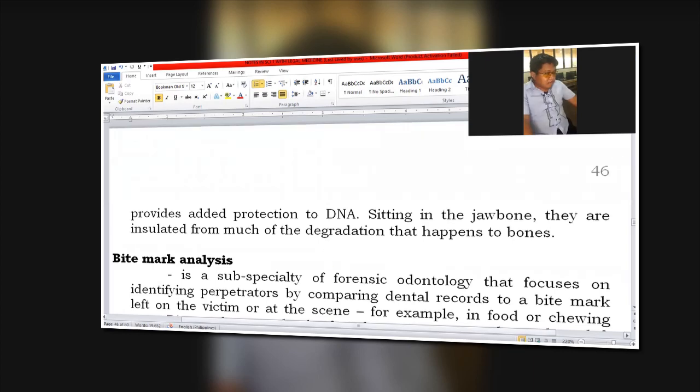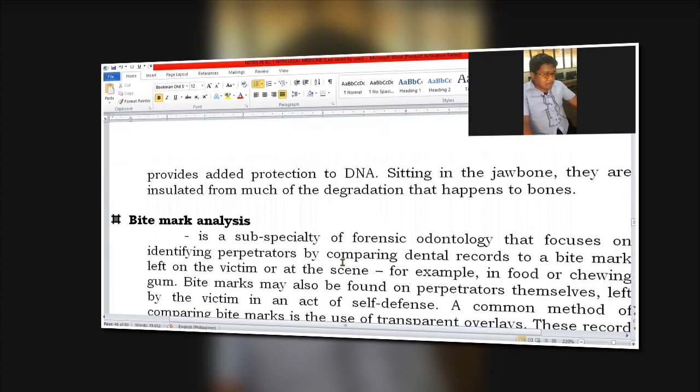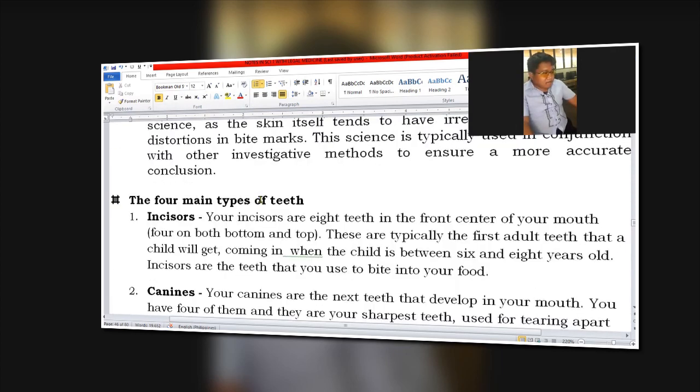Bite mark analysis is a subspecialty of forensic odontology that focuses on identifying perpetrators by comparing dental records to a bite mark left on the victim or at the scene. A bite mark is like a footprint too.